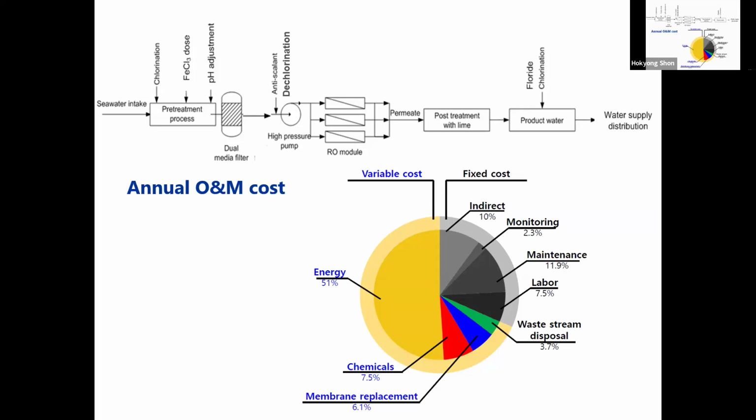And we have chemicals and membrane replacement. The membrane can be replaced. How long does the membrane last in seawater desalination? Some of them are 1 year, some of them are 3 years, depending on the initial stage of the membrane.